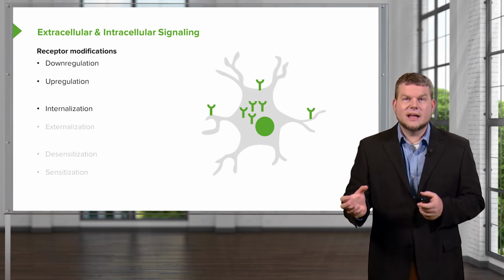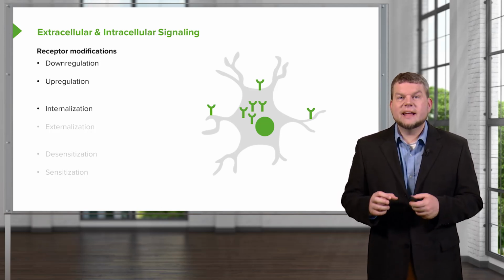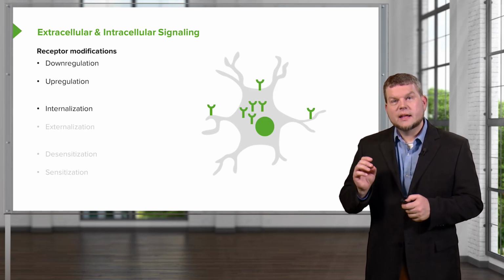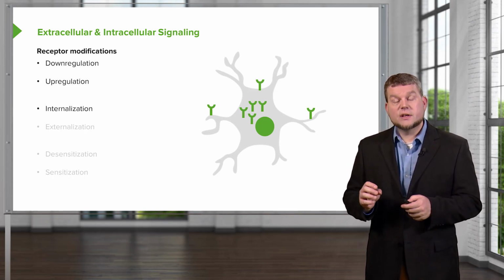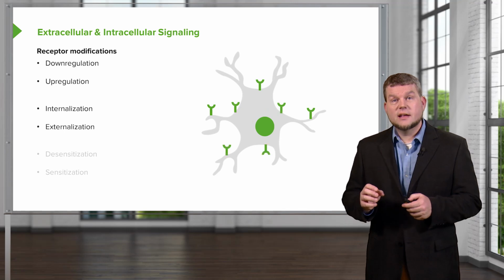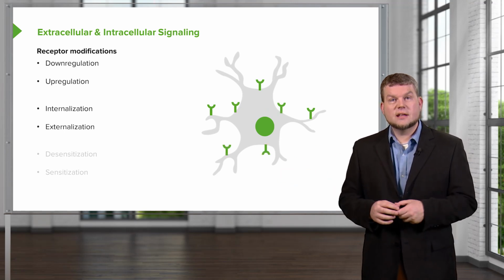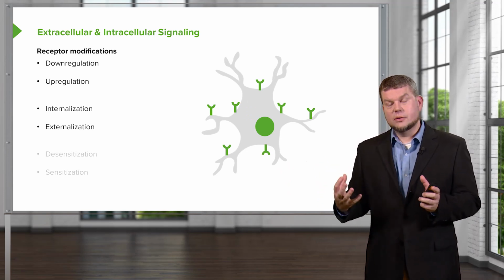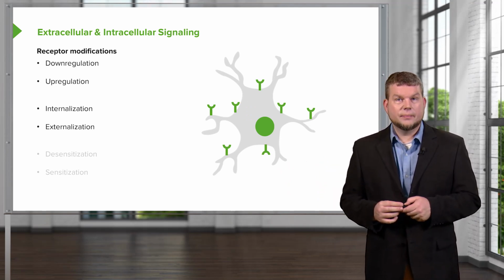That takes time. If you simply had a group of internalized receptors, in certain conditions you could have them expressed on the cell surface. And once they're expressed on the cell surface, you'd be able to increase that signal that's being sent to the cell.